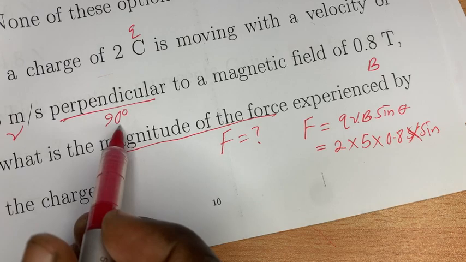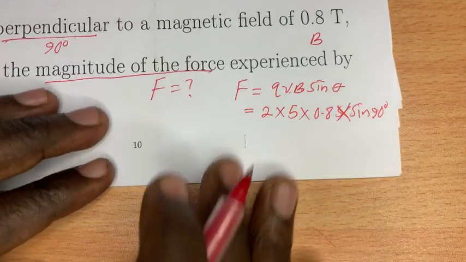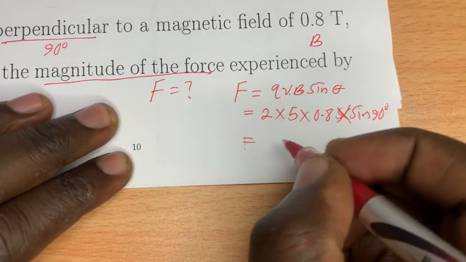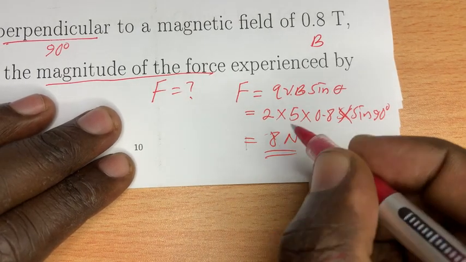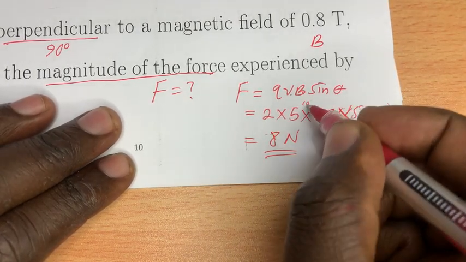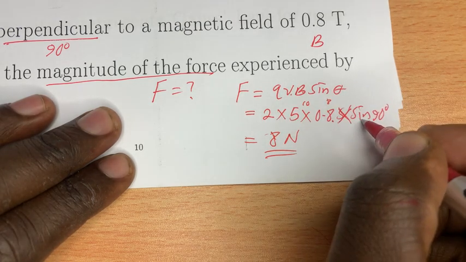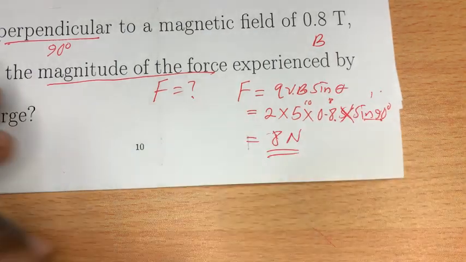Theta, and our theta is 90 degrees because they mention perpendicular. So if you take your calculator and multiply all this together, you will have 8 Newton. 2 times 5 will give you 10. 10 times 0.8 will give you 8. Sine 90 degrees is 1, so 8 times 1 will be 8 Newton.